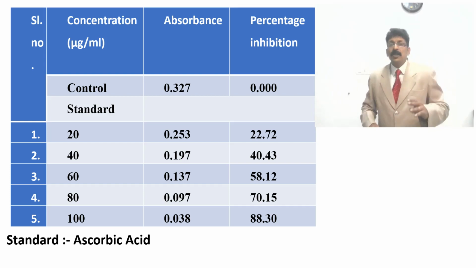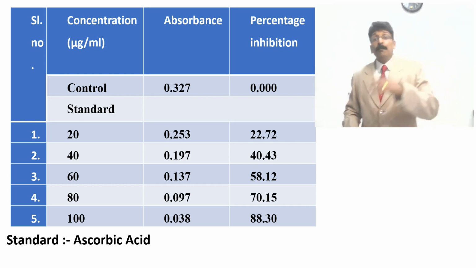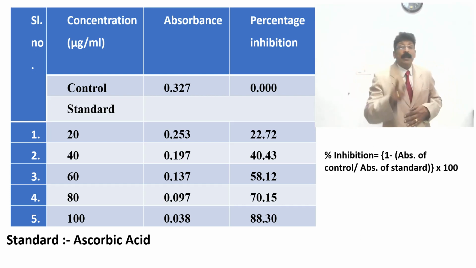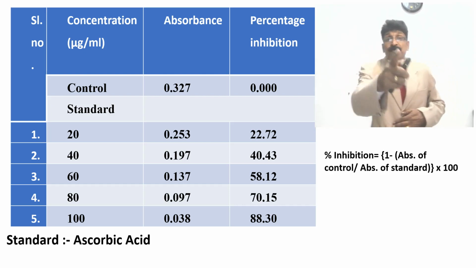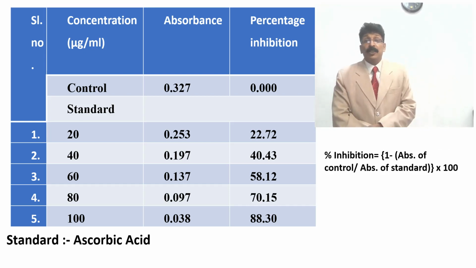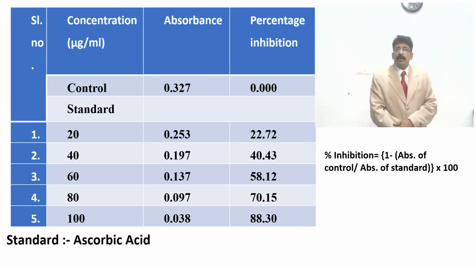That's why the word scavenging is used. Understand? So you can see what the percentage of inhibition is. How will you calculate? Percentage of inhibition is equal to 1 minus absorbance of the control, which we have seen without adding standard or sample, 0.327, because it's the control. There is no antioxidant effect, so the color was very intense, 0.327.